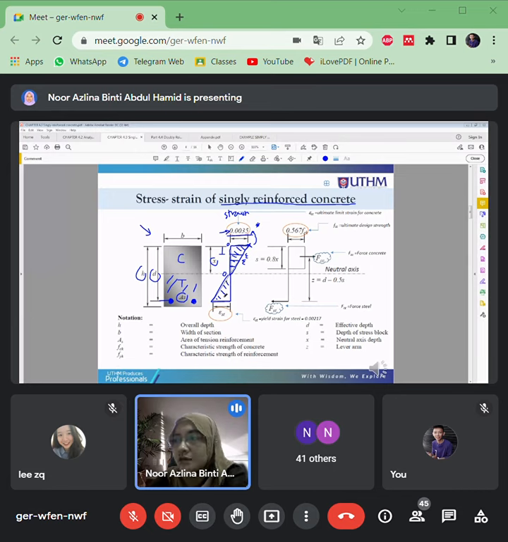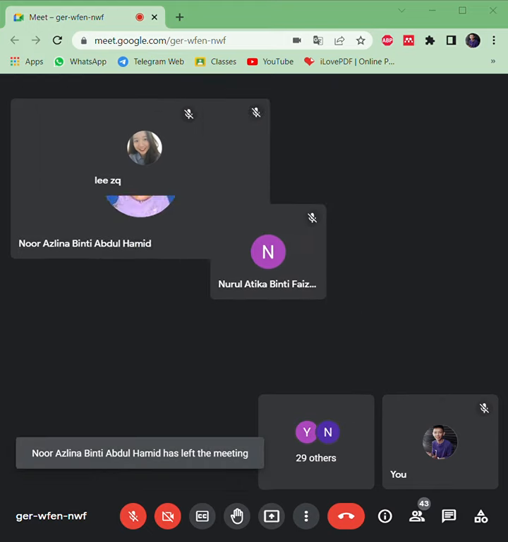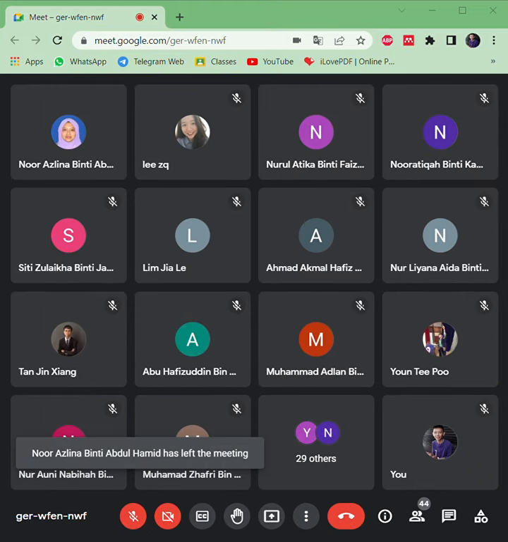Okay, so yang bawah ni triangles block a diagram. It shows the strain for the steel reinforcement. That's why the triangles bawah ni, which is at the same level as the reinforcements.